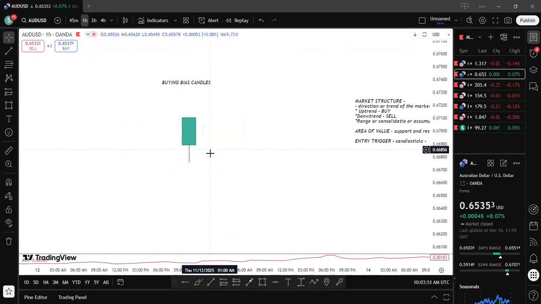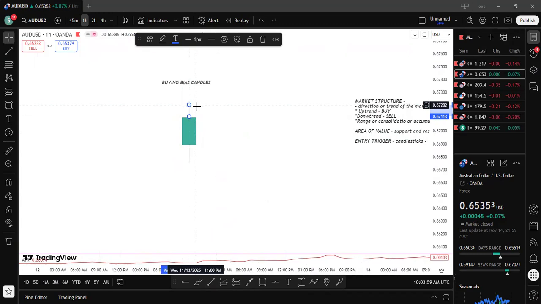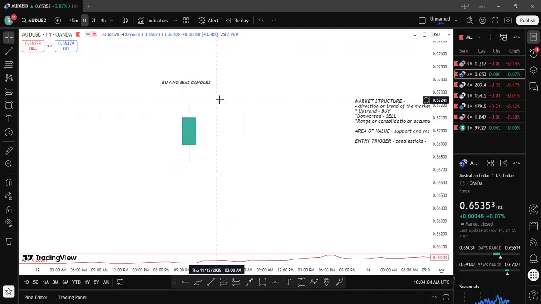Good. So you have something like this, right? Let's say you have another line right above this point. This is how a candlestick looks most of the time. The green part is called the body of the candlestick.